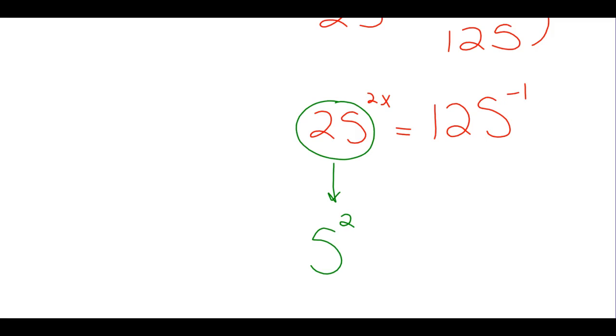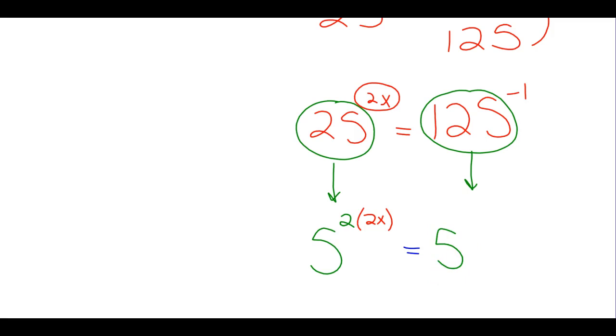But we can't forget about the 2x that was already up here. We're going to multiply those. The 2 goes up and joins the 2x that was already there, okay? And then we have equals. How can I rewrite 125 as a base of 5? We actually just did it on example C. 5 to what power? 3.